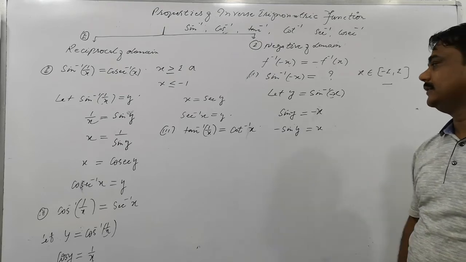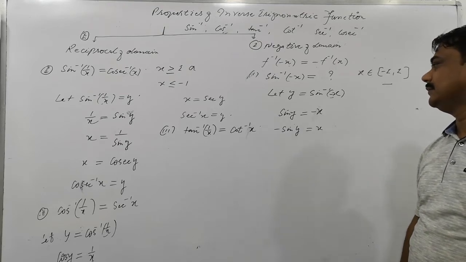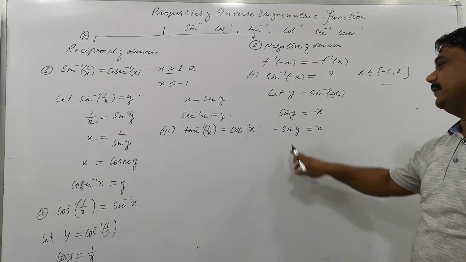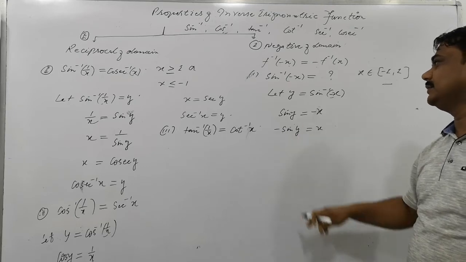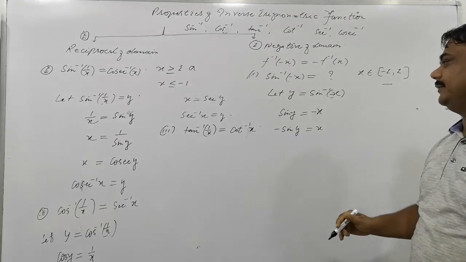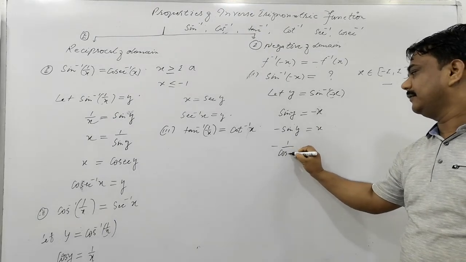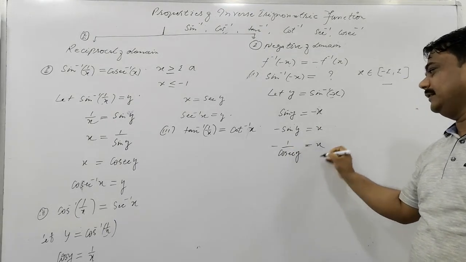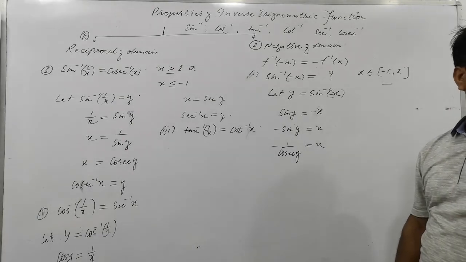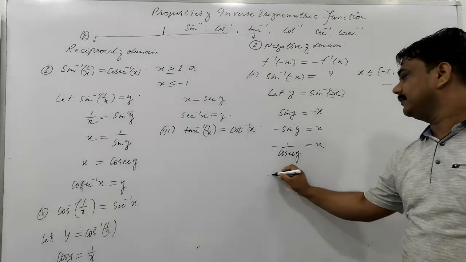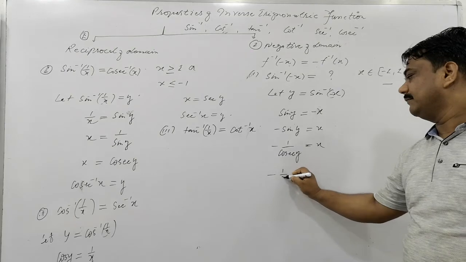So what can we write next here? Will it work that way? No, the y is getting here, so this is not the right way of doing this. We can write 1 by cosec y here, and cosec y goes to the other side as 1 by x.